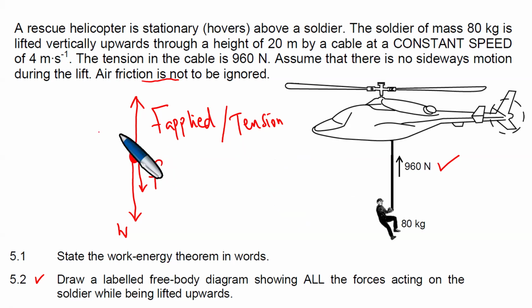But obviously it is three cables, so you can call it tension. It is obviously the tension in the cable that is the case. Assume that there is no sideways motion during the lift, so air friction is not to be ignored. So we do not ignore friction. Let's move on to the next question.